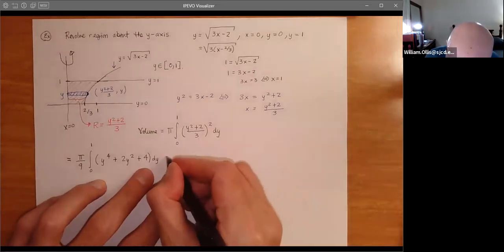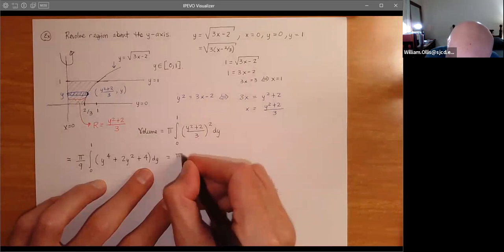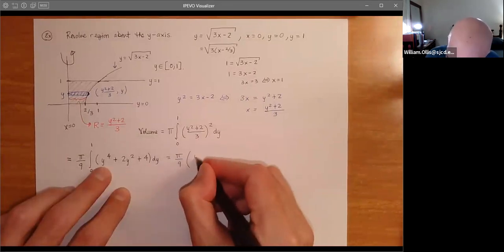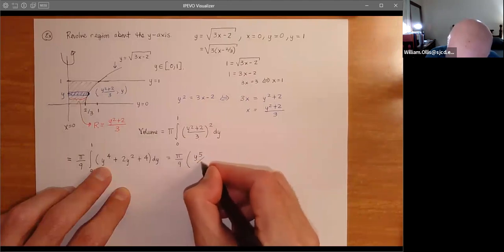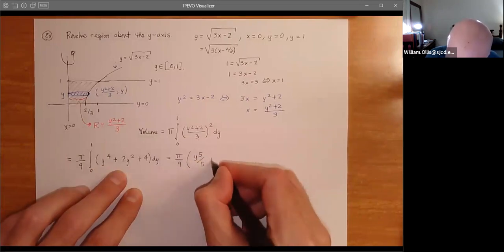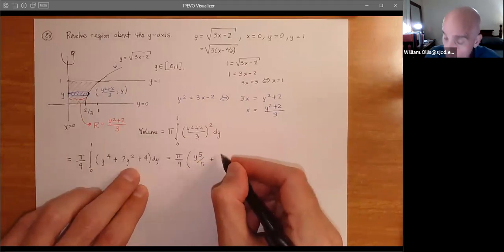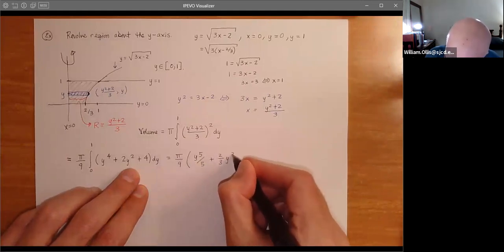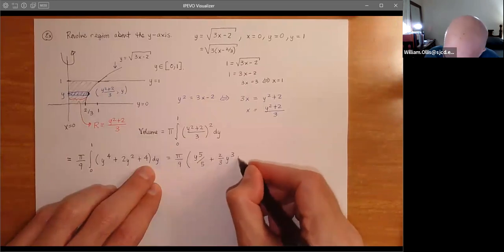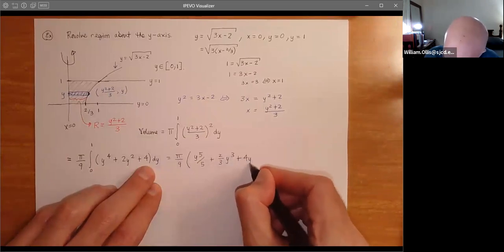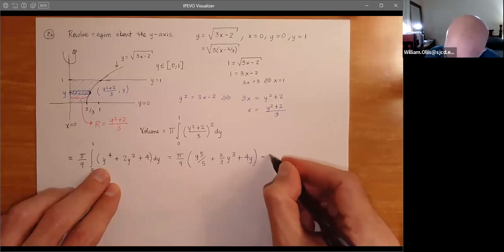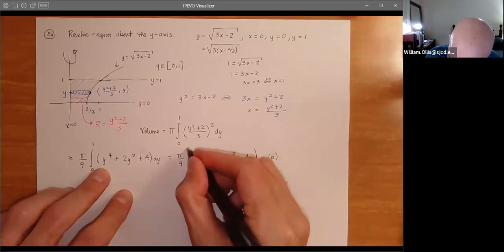So now we get what? Pi over 9, and then add 1, divide by the new power. So I guess we'll get y cubed over 3. So this is 2/3 y cubed, and then of course plus 4y. And then if you want, you can just go ahead and put in the minus 0.